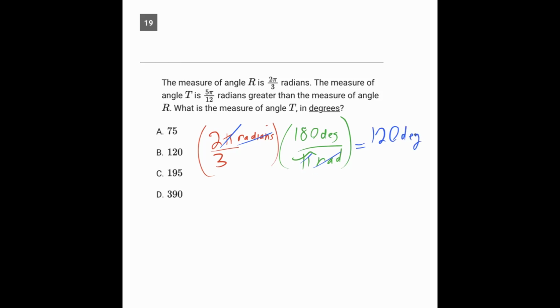Now the question is also talking about 5 pi over 12 radians. So let's convert that. 5 pi over 12 radians, and we'll multiply by the same thing, by 180 degrees over pi radians.